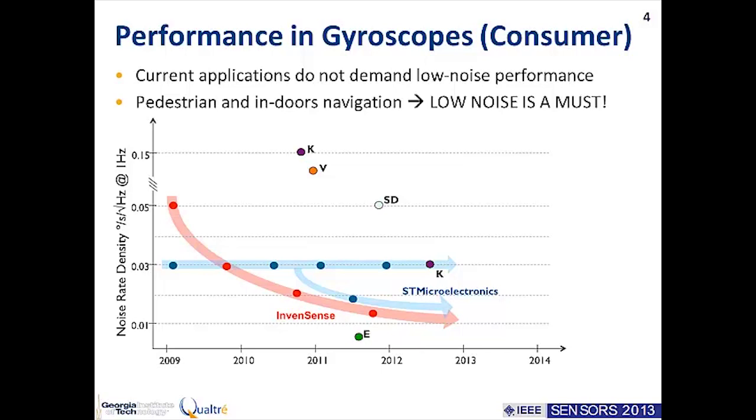This has been a combination of changes in their mechanical sensor and in the electronics. But one thing to note here is that today we're still at least an order of magnitude off from where we want to be to be able to do some navigation, at least for a few seconds.